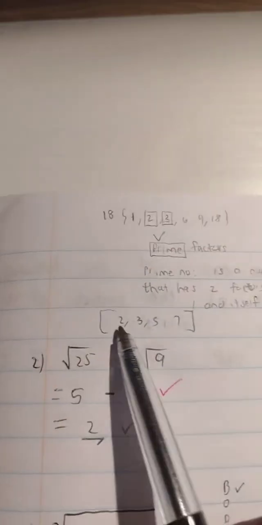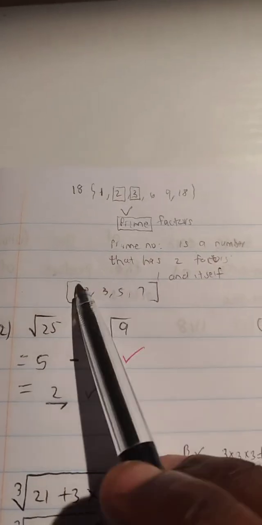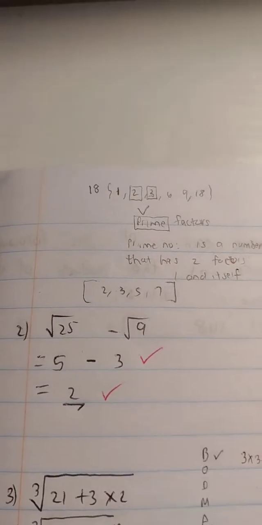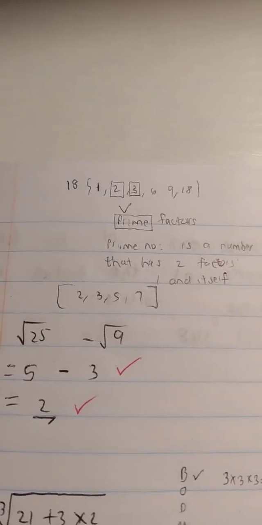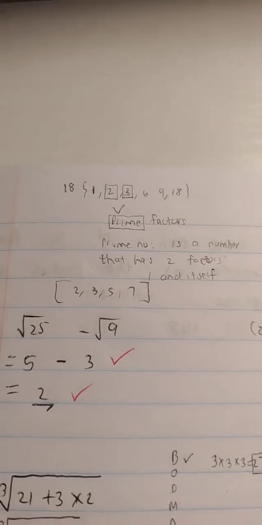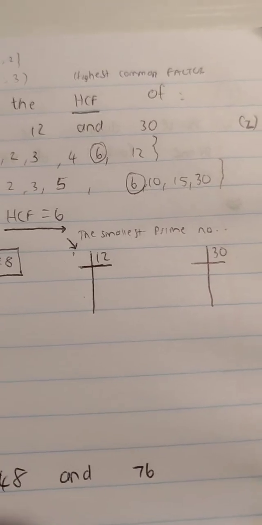If we write down the prime numbers between 1 and 10, these are 2, 3, 5, 7. So at least we have a basic basis to work on. Of course, we should know all the prime numbers between 1 and 100, so that we can utilize them whenever the occasion requires.